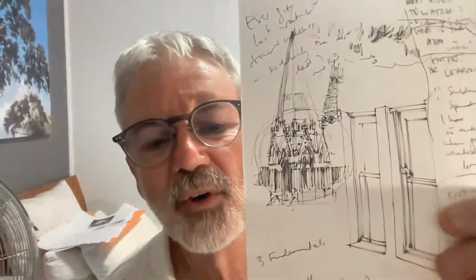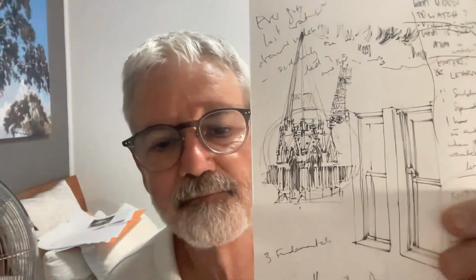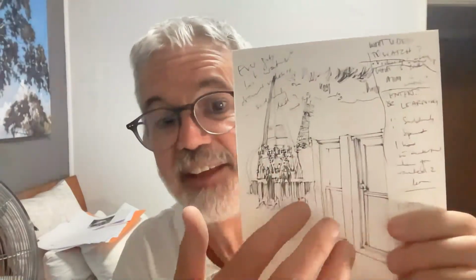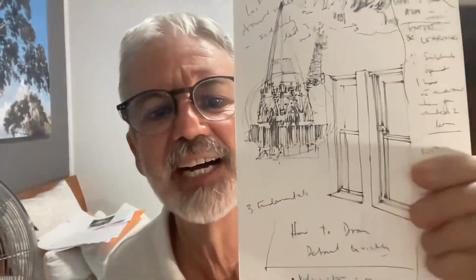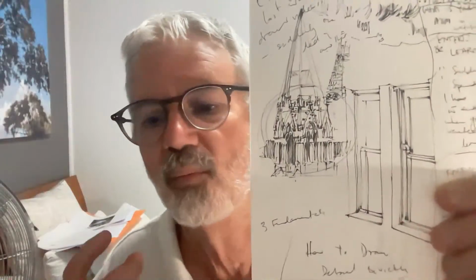Here's another one I did for this. I think it's actually a water fountain in a park near the Houses of Parliament on the banks of the Thames in London. But that's another one where I was trying to capture the effect of a whole mass of architectural detail, and I wasn't wanting to draw it, but instead capture the effect.